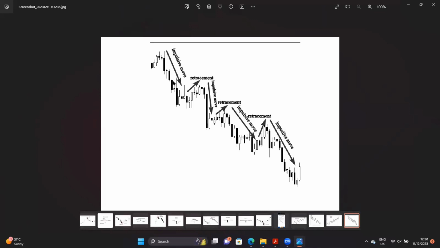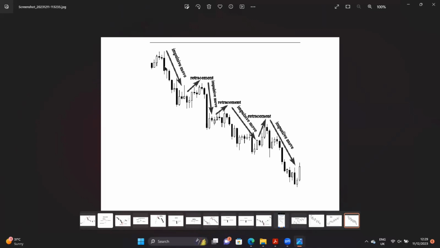Like I mentioned, wherever there is an implosive movement, you expect to see multiple ERC candles. But in a retracement movement, you tend to see weaker candles like a doji, a hammer, a shooting star. Those are characteristic of a retracement movement.